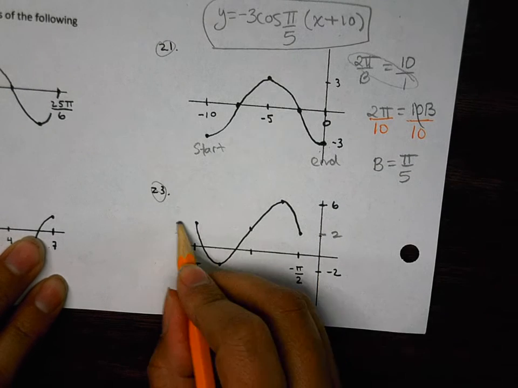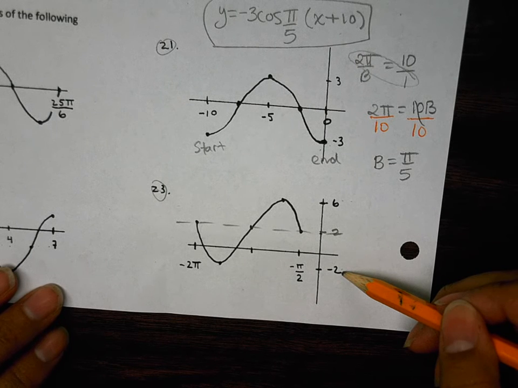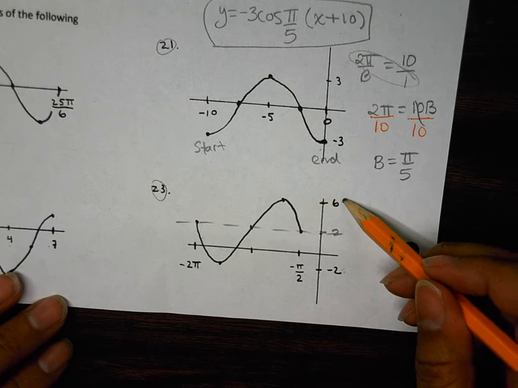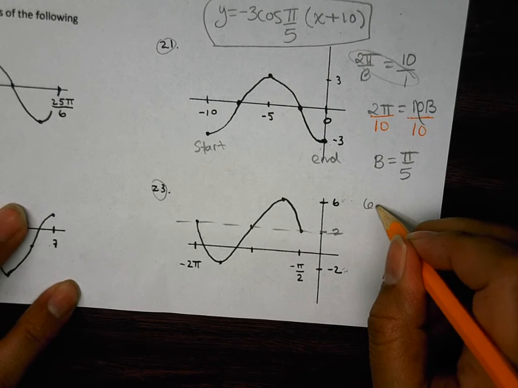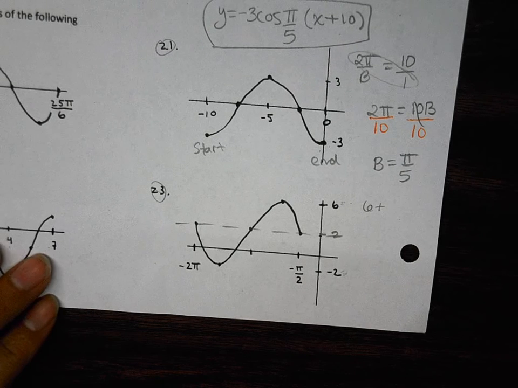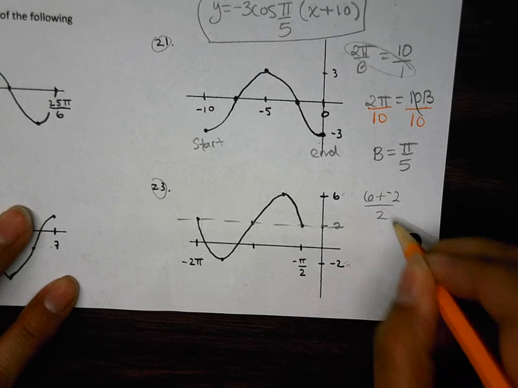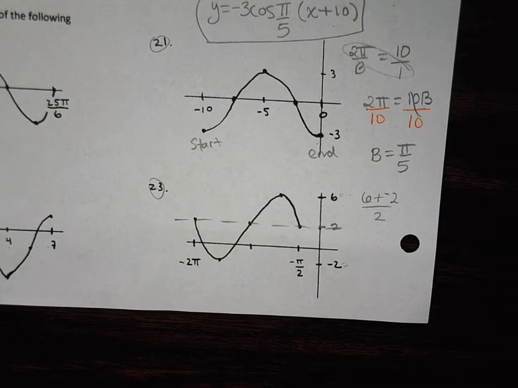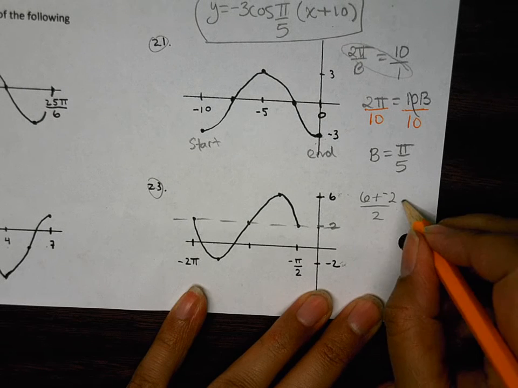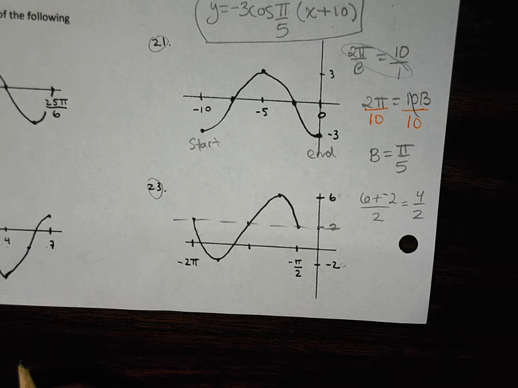I took the 6 and the negative 2, added these two, 6 plus negative 2 is 4, and 4 cut in half is 2. Yes. All right, anybody else get that?